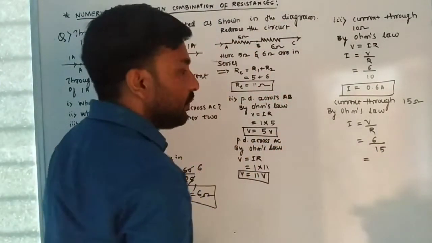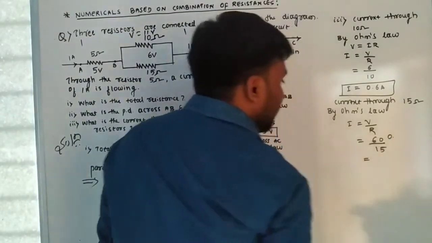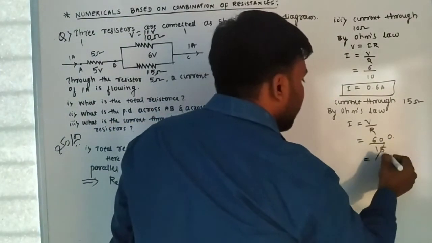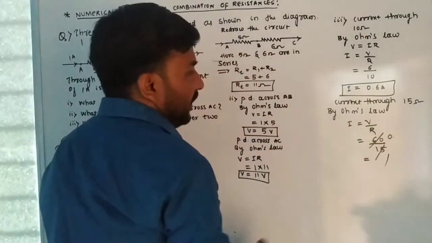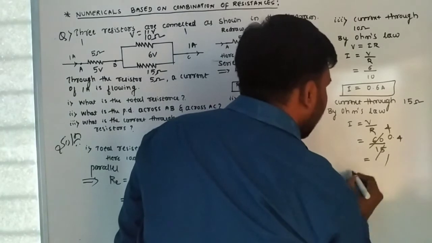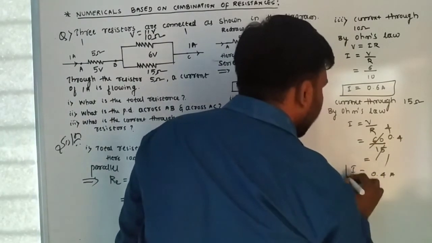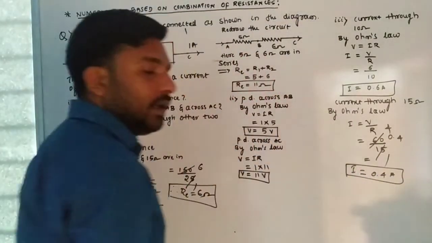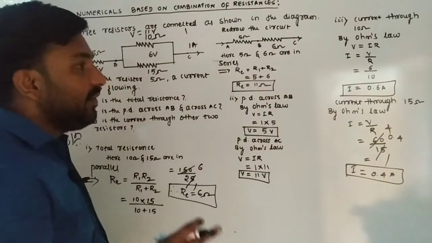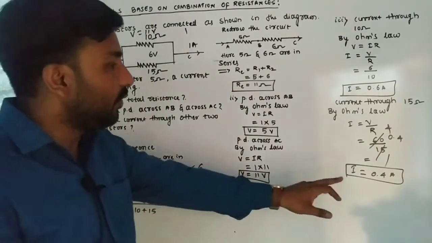Divide this: 15 ones are 15, 15 fours are 60. So we have I is equal to 0.4 ampere. So the current flowing through the 15 ohm resistance is 0.4 ampere.